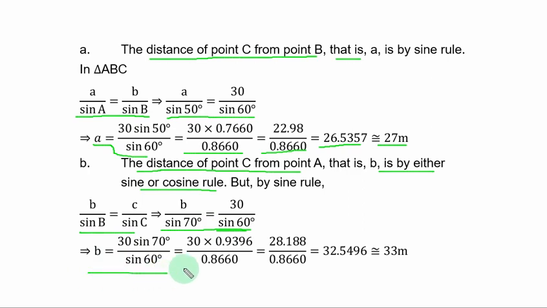After evaluation, you have this result. You multiply, you have this result. After division, you have this result. To the nearest meter, the distance of point C from point A is approximately 33 meters.